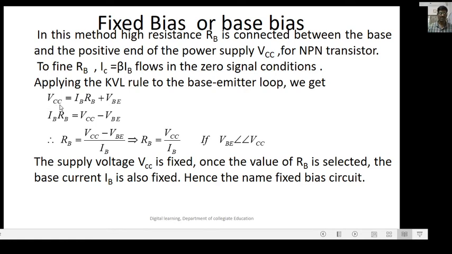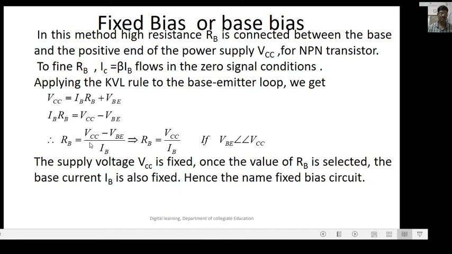Here VCC, the plus VCC, is the supply voltage, RB is the base resistance and IB is the base current, plus VBE, the voltage measured across base to emitter. So IBRB is equal to VCC minus VBE, so we can rearrange the equation.